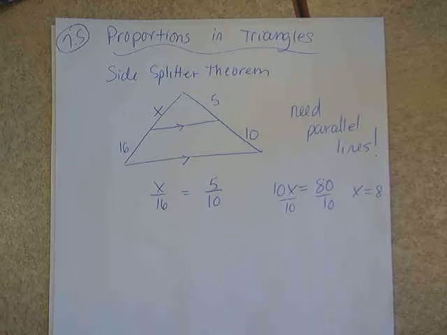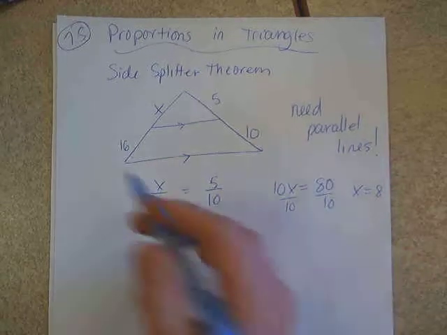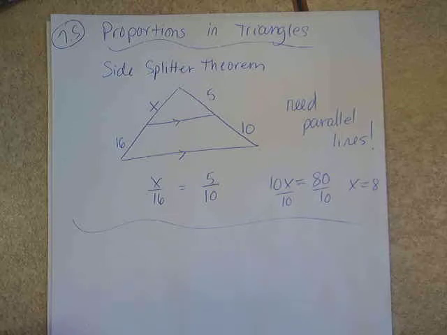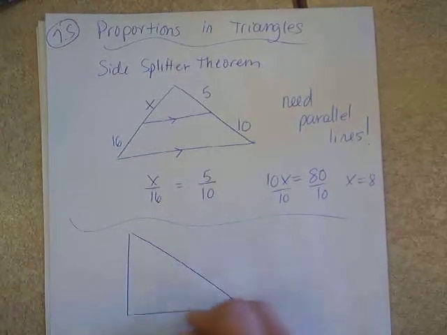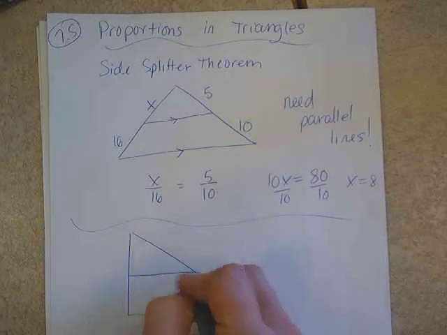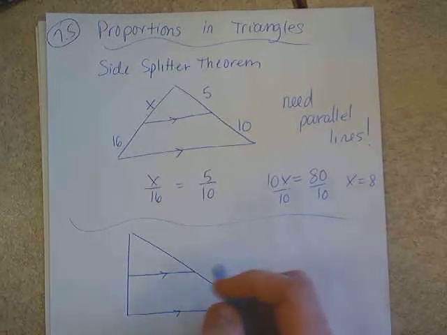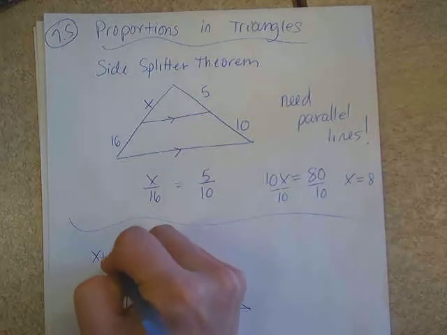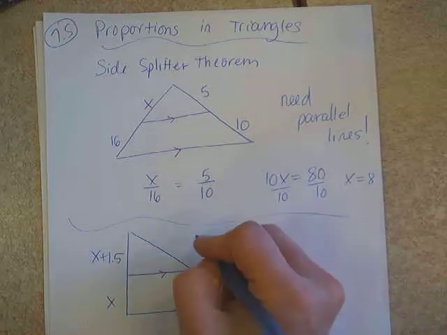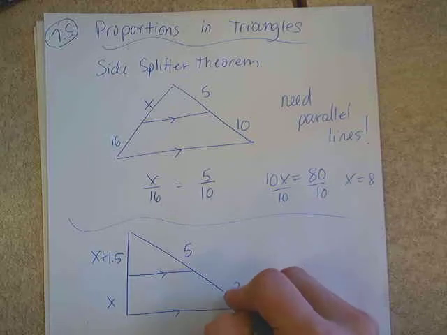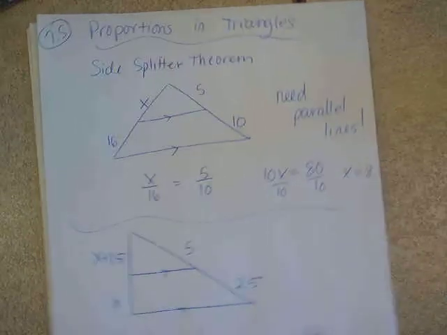But set them up so you're in the habit of knowing what the proportion is, okay? All right, so I'm going to give you one to try. Again, if you do not have those parallel lines, you cannot set it up this way.